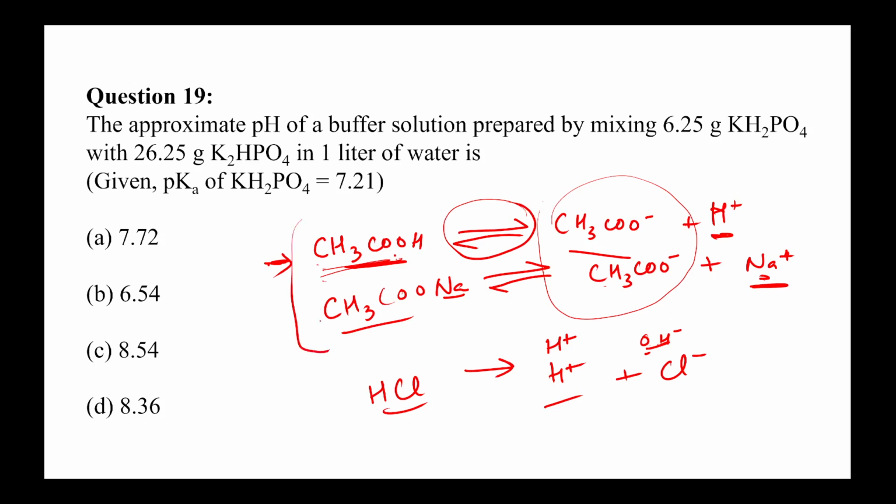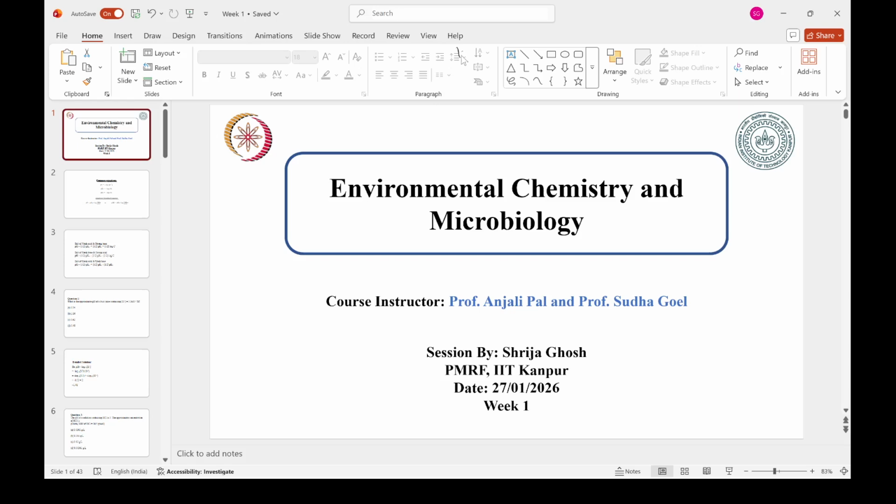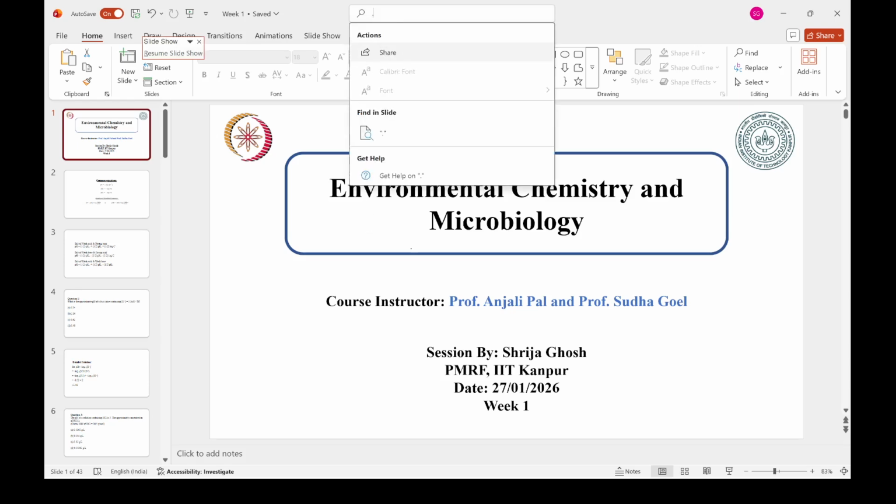The same example can be explained for a weak base, like we had the example of ammonium chloride. So NH4Cl is the salt and ammonia is the weak base. Ammonia, basically ammonium hydroxide, is the base. So NH4OH is the base.